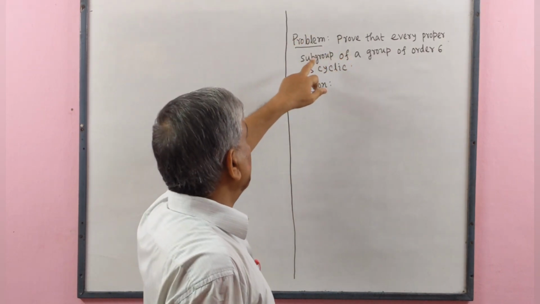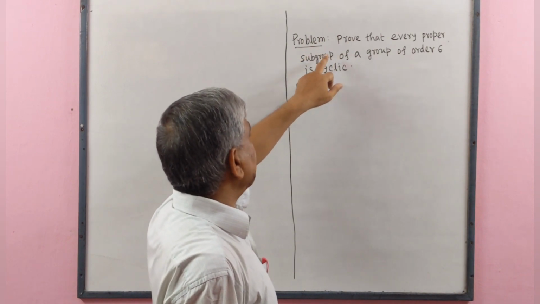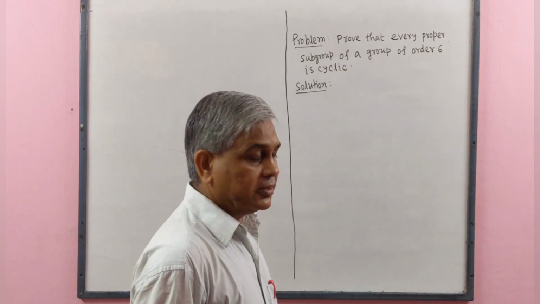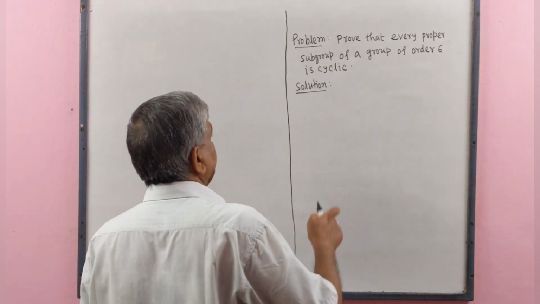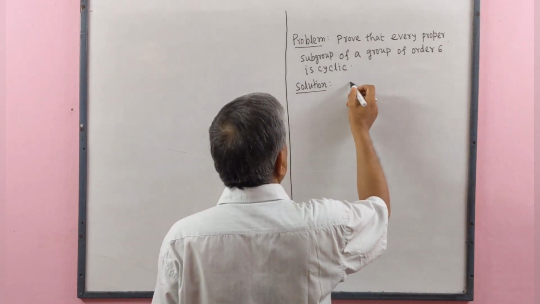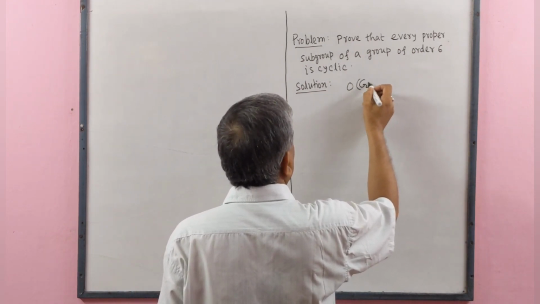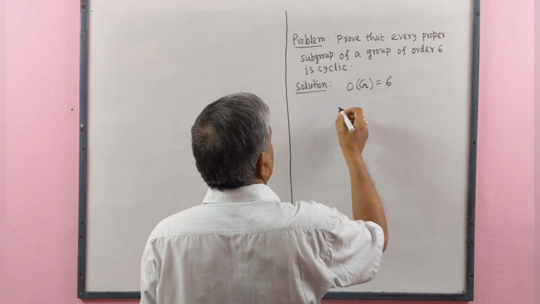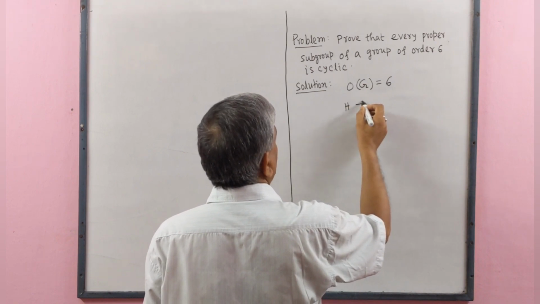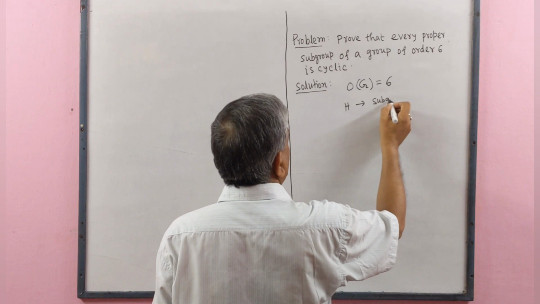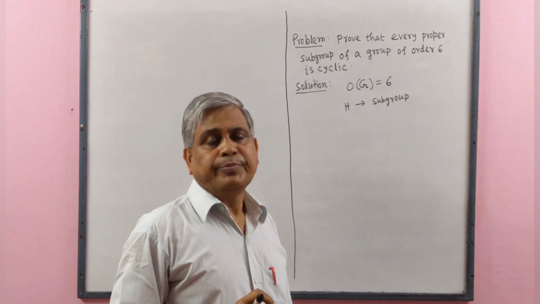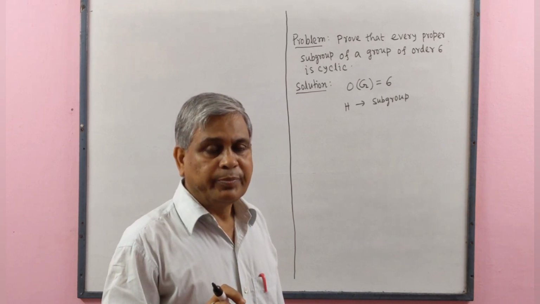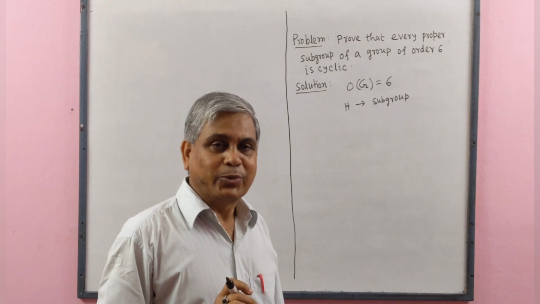The problem is: prove that every proper subgroup of a group of order 6 is cyclic. Given that G be a group whose order is 6, let H be a subgroup of G. By Lagrange's theorem, we know that the order of a subgroup divides the order of the group.